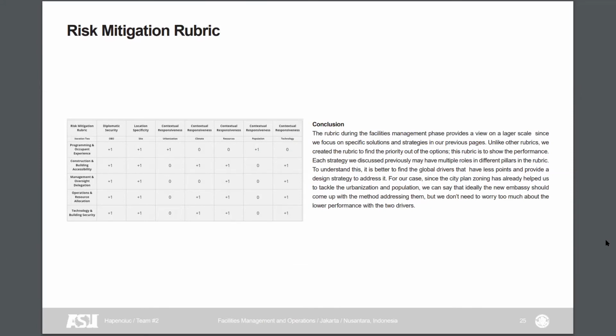For our case, since the city plan zoning has already helped us tackle the urbanization and population parts, in the new site, we can say that ideally, new embassies should come up with a method addressing them, but we don't need to worry too much about the lower performance with the two drivers.